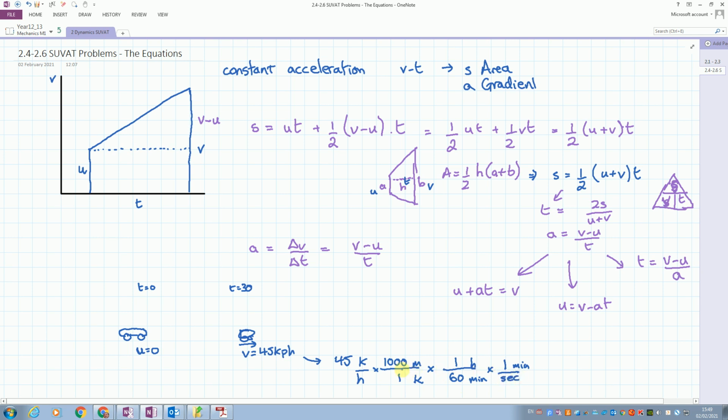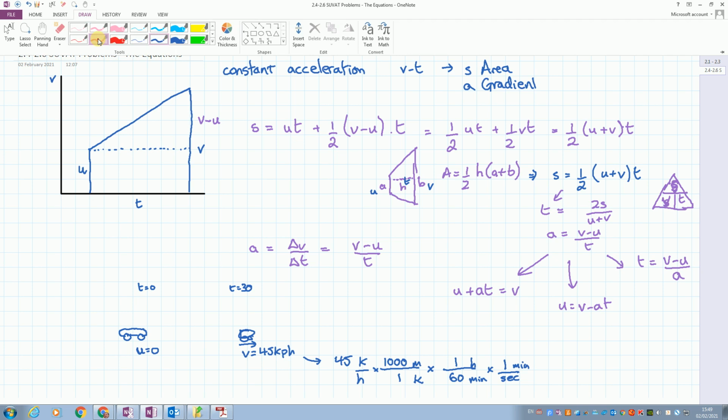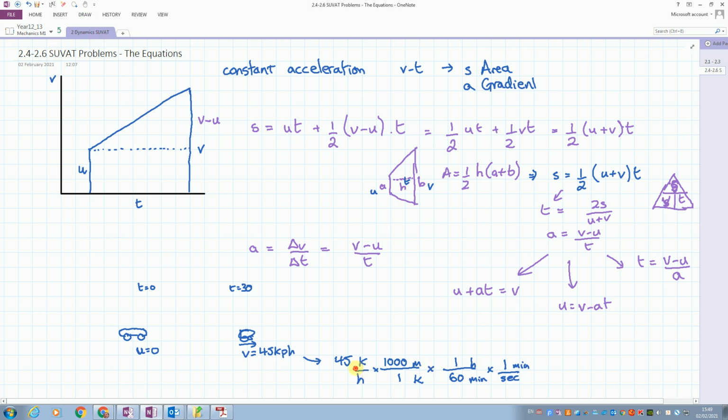This is a little way of using simple facts to build up. I'm just following the chain of cancellation. The K's cancel to give me meters on the top, hours cancel, and minutes cancel to give me seconds on the bottom. So I've now got meters per second. That's a little tip for you when you're cancelling.